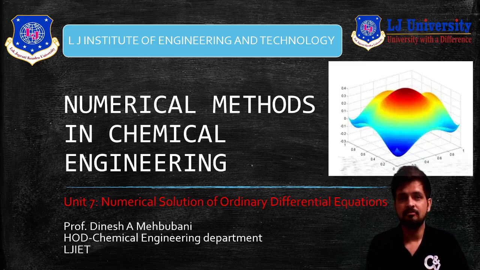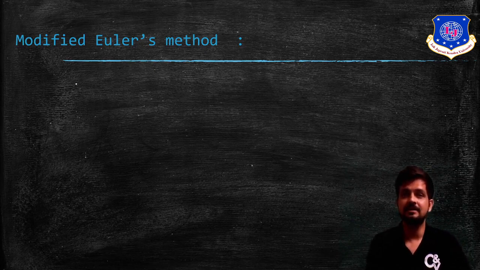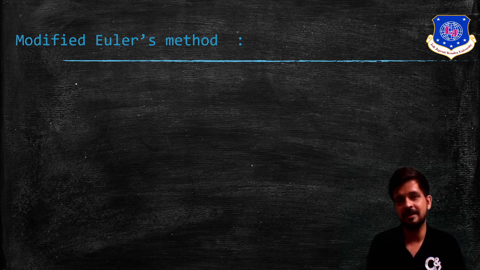What is to be done in the modified Euler's method? I will write the formula. The only difference is that we have to find the approximations of y1 until we get the exact value. In Euler's method, we were finding one value, and on the basis of y1 we were finding y2, and on the basis of y2 we were finding y3.